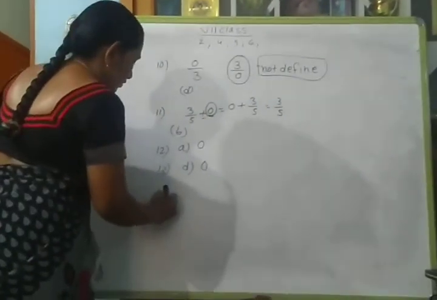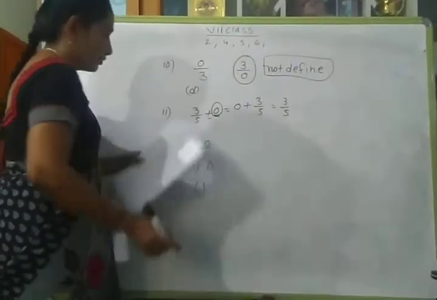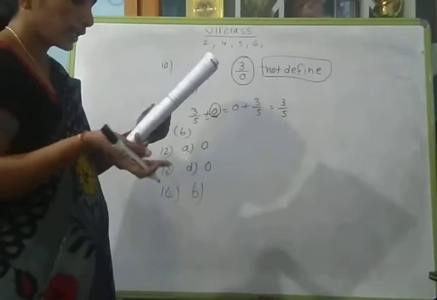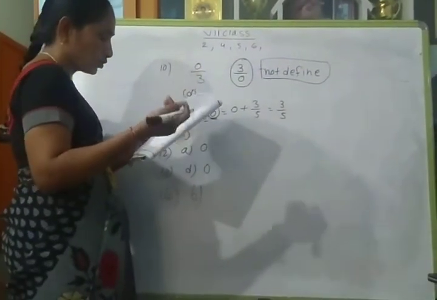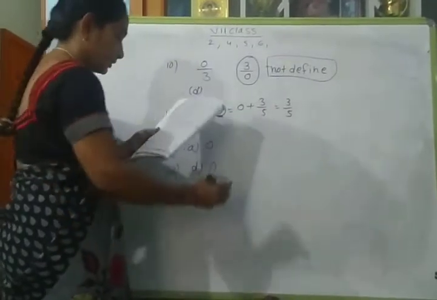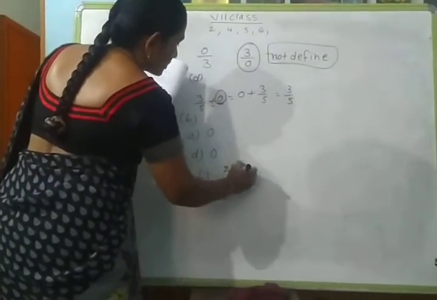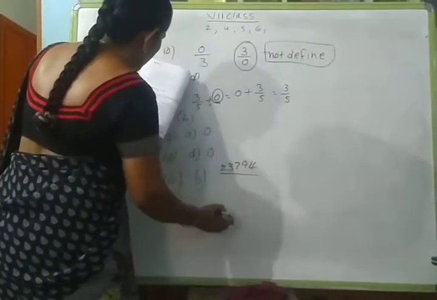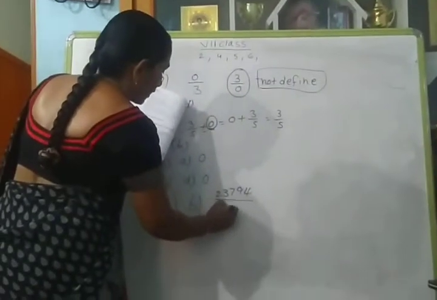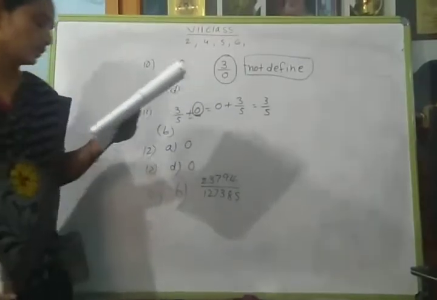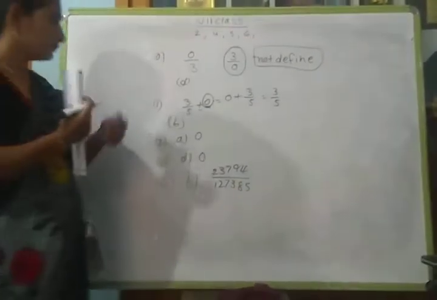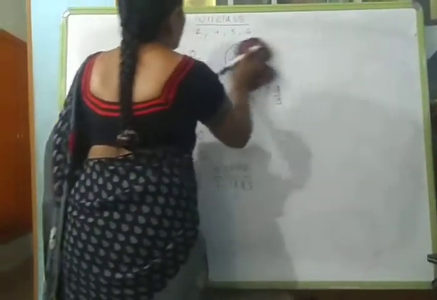Option B. 14th one, option B. Multiplicative means we have to take reverse. Here additive they given, minus they given, we have to take positive. So option B is correct. 23,794 by 1,27,385.